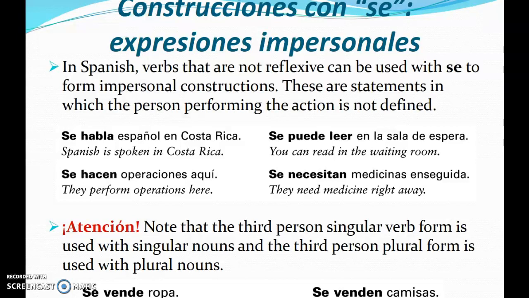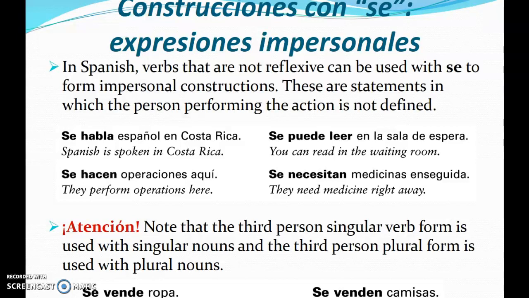And we've also learned we could use se in replace of le or les when we have a direct and indirect object pronoun that both begin with L's together, like se lo dio. Okay. This se here is an impersonal construction, and impersonal means personless. There's no person. So these statements in which the person performing the action is not defined, not identified.